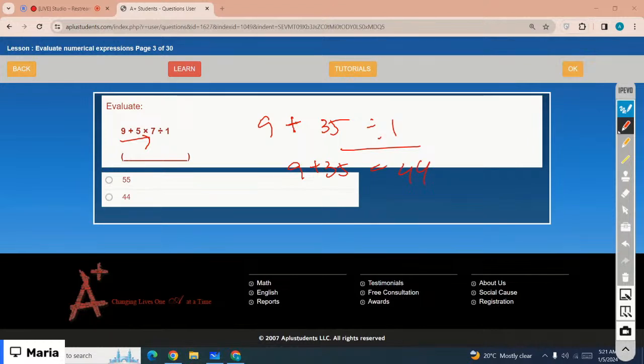So the correct option is 44, right? The correct option is 44. Got it?